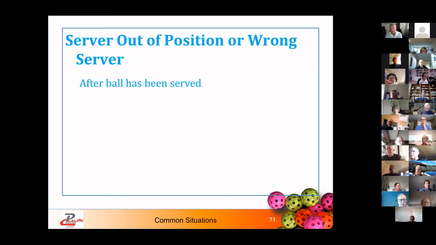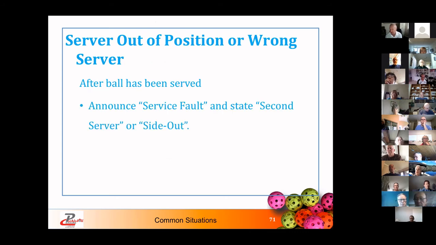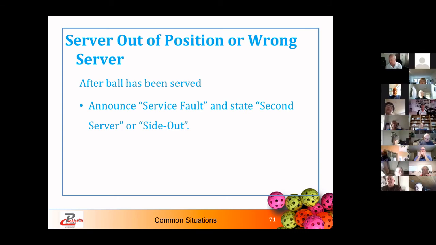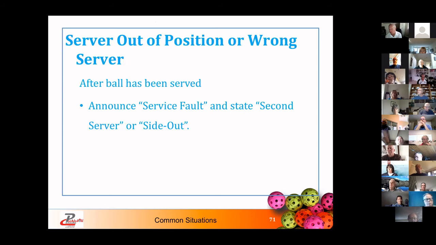All right, so now we're going to talk about the server out of position or the wrong server. After the ball has been served, announce service fault and state the second server or the side out. So that's your job. So if the score is 0-2-2 and they serve and it's a wrong server or they're out of position, you call fault, side out.